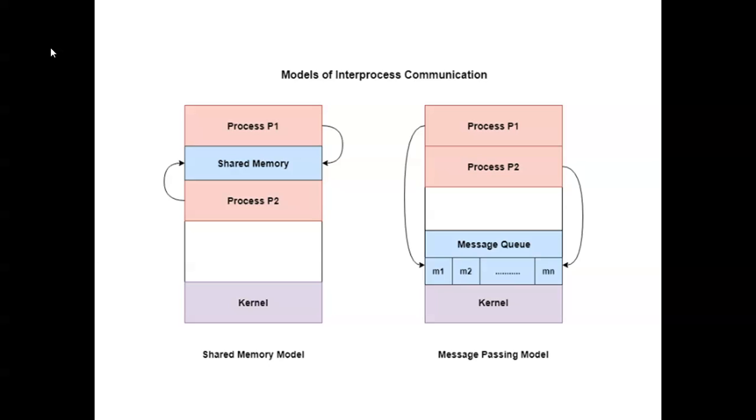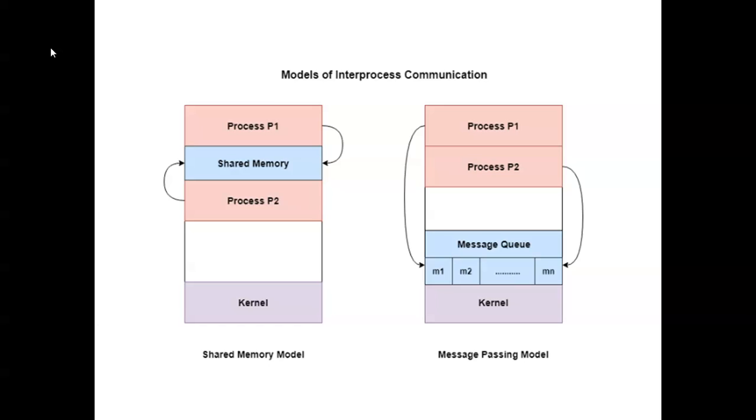In the message passing model, messages are passed through the kernel like a box. The messages are sent through the processes, and the message queue, the box, won't be affected by any other data, because it is sent in box-like packets.